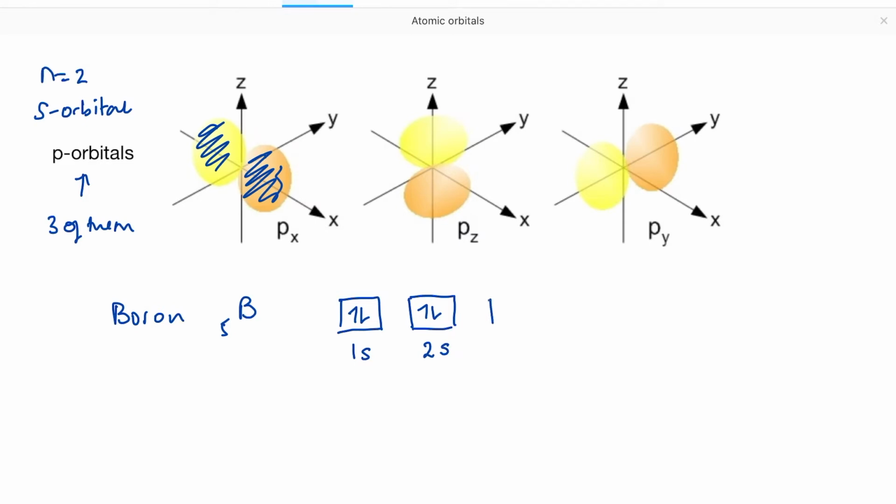And there's lots of ways of drawing it. I tend to draw it like that. There are my 3 p orbitals. That's 2p. And I'm going to have an electron. My 5th electron is going to be there in the 2p. We don't need to distinguish whether it is px, py or pz.